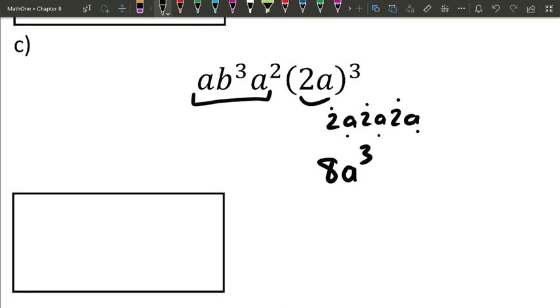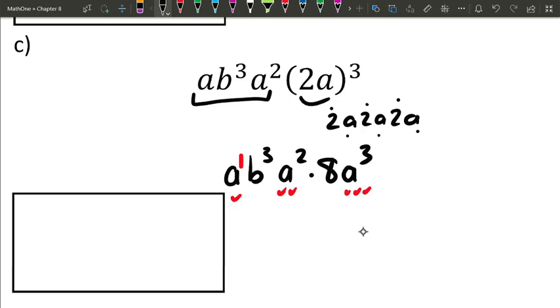Okay? I'm going to bring down the rest of what I had, right? I had an a times a b cubed times an a squared times this thing. So this first thing is a factor of a, that's a to the first. So I've got 1 factor of a, 2 factors of a, and then 1, 2, 3 factors of a. So in total, there are 6 factors of a in my answer.